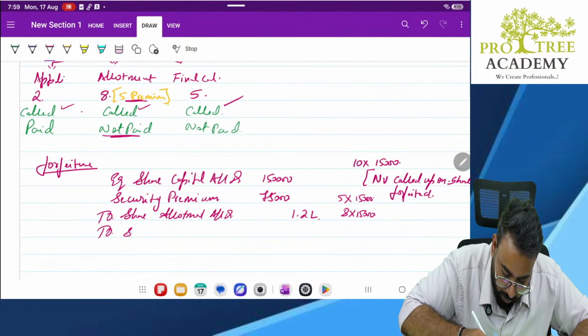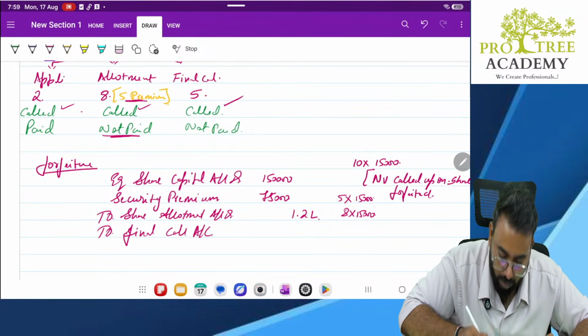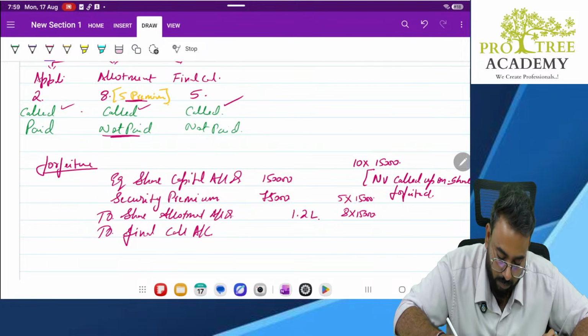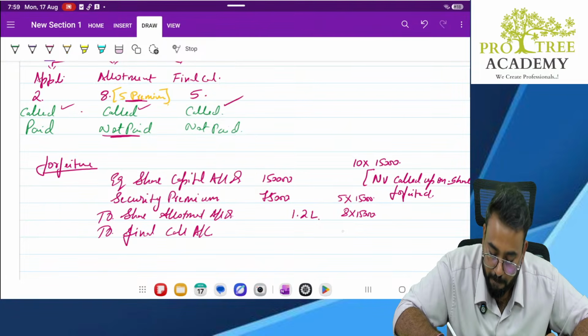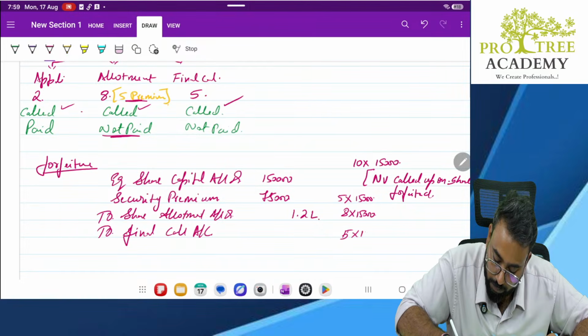2, final call account. How much? 5 rupees into 15,000.